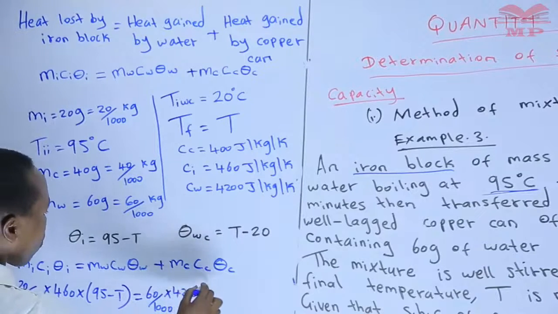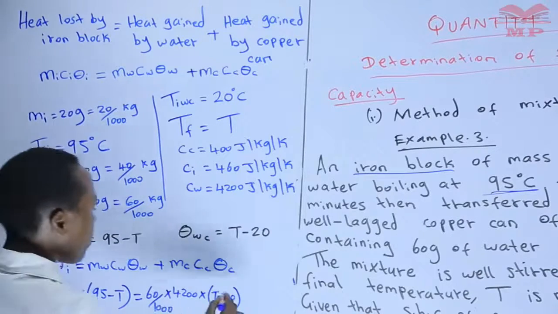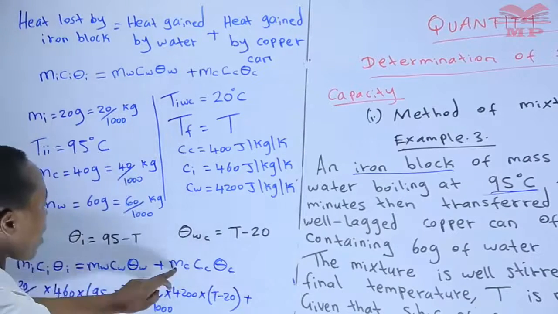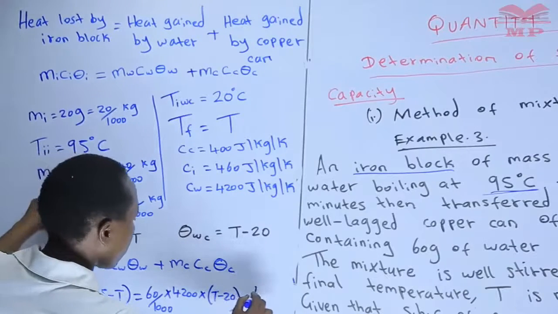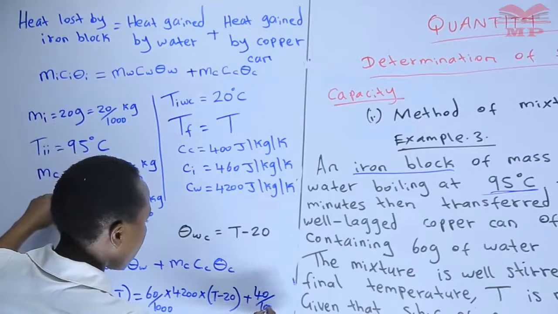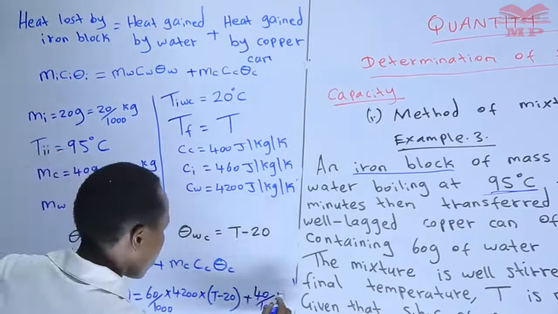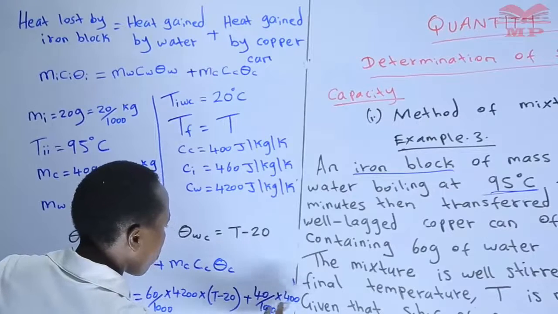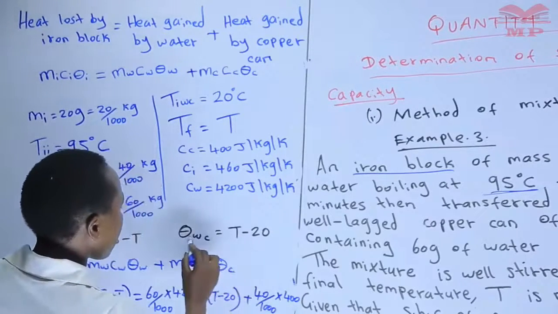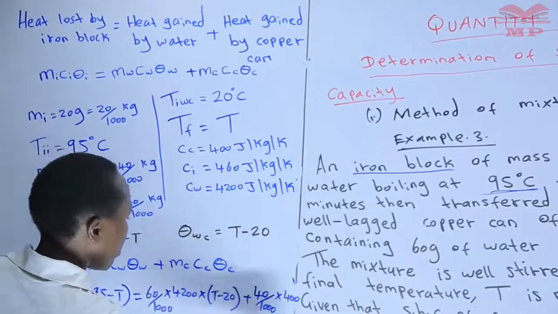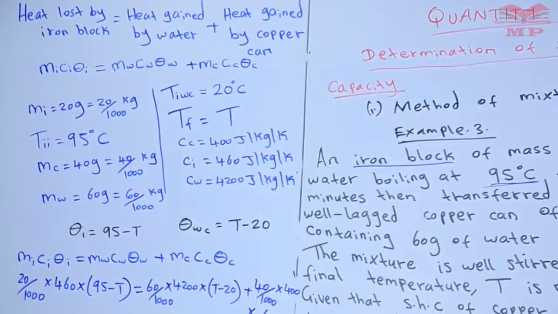Change in temperature for water, we've said it will be T minus 20. Then plus mass of the copper can, which is 40 all over 1,000 times the specific heat capacity of the copper, which is 400, then multiplied by the change in temperature, which is the same as for water, that is T minus 20. So that's what we are going to have.